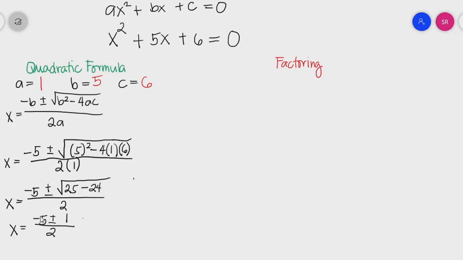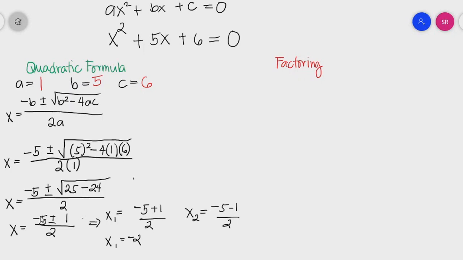So, since we have plus and minus here, we obtain two equations: the first one is negative 5 plus 1 over 2, and the second one is negative 5 minus 1 over 2. So we obtain here negative 5 plus 1, that will be negative 4 divided by 2.